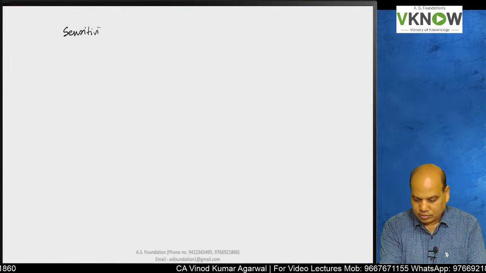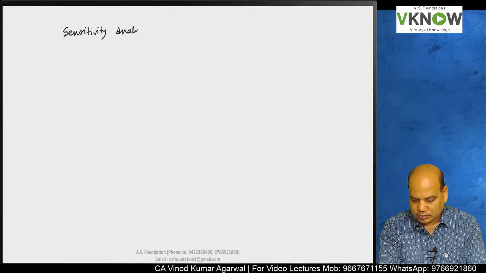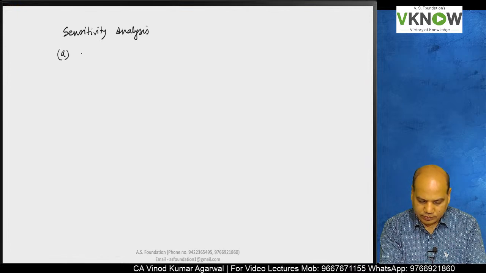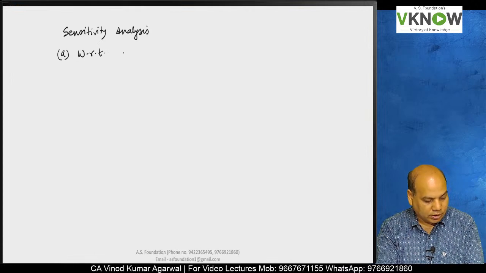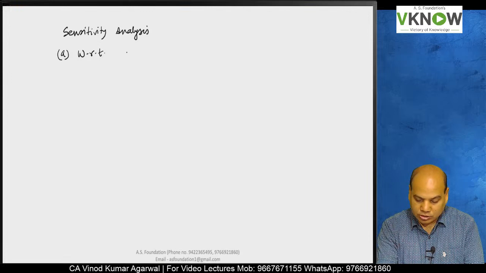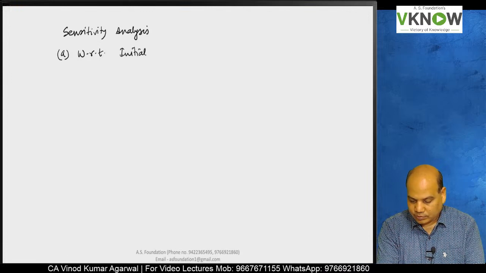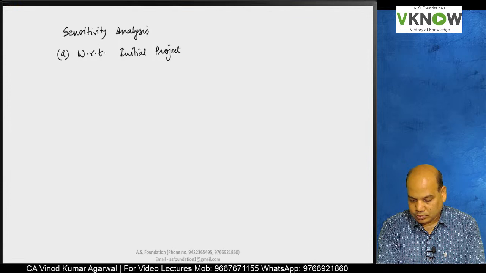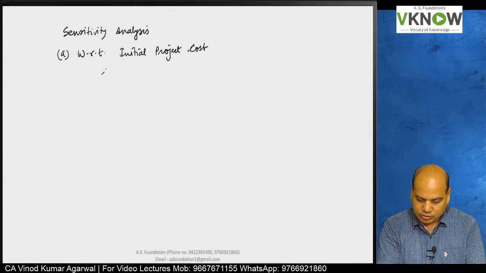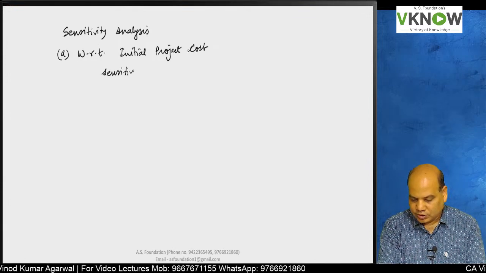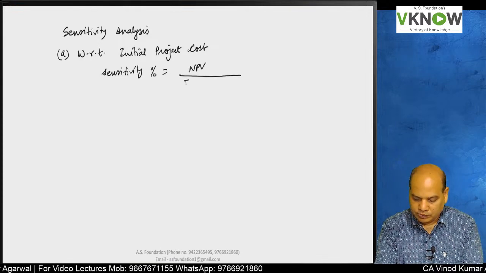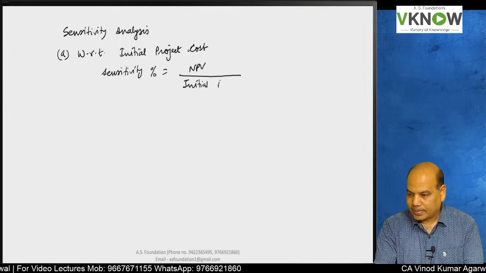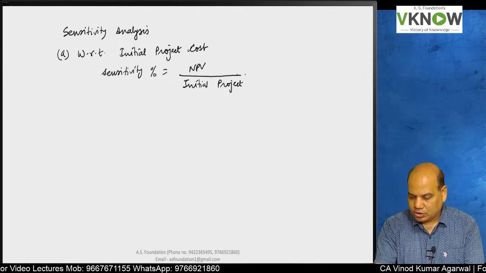Write down sensitivity analysis. A, with respect to the first item, initial project cost. With respect to initial project cost, write down sensitivity percentage equal to NPV divided by initial project cost.